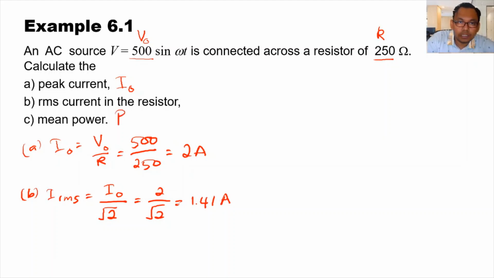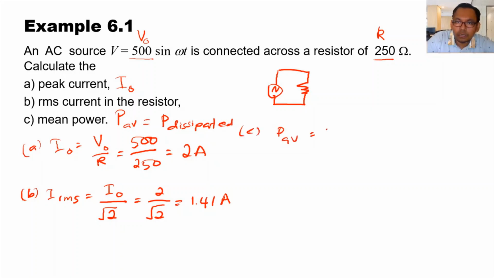Mean power is P average. In this circuit, we have an AC source connected to a resistor. For this kind of circuit, P average is the same as P dissipated. P average is equal to I RMS squared times resistance.